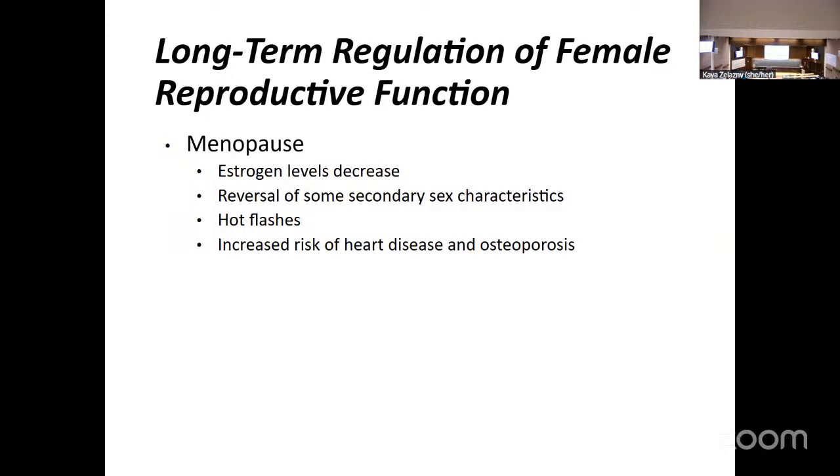So in menopause, women are going to become more prone to heart disease and more prone to osteoporosis because part of what was protecting them from these conditions earlier in their lifespan was the presence of these hormones and some of this hormonal cycling.